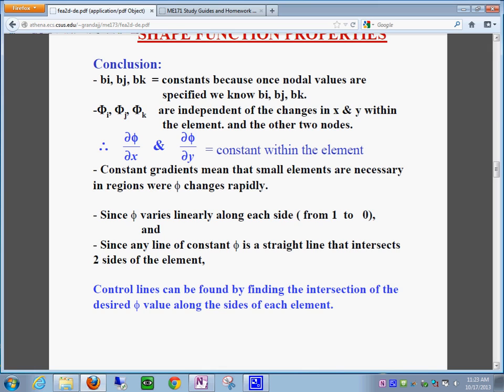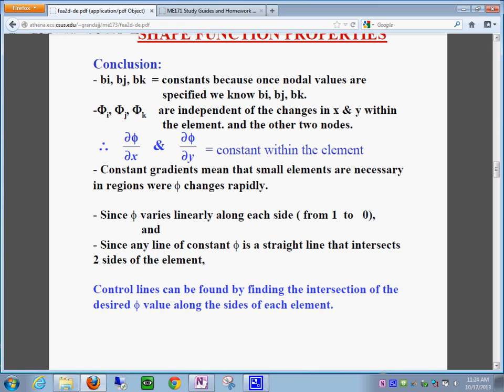So you're not going to have, like in the solution, a little ragged part in there. Everything is a plane, and because of that, the changes within the element will always experience a constant value within the element, d phi dx and d phi dy. Constant gradients mean that small elements are necessary in regions where phi changes rapidly.